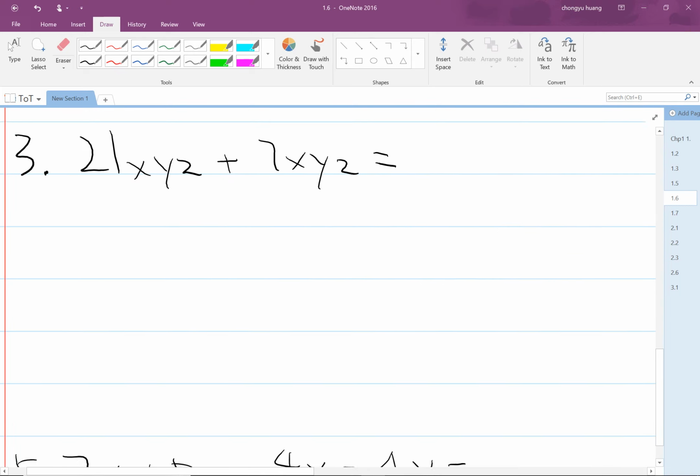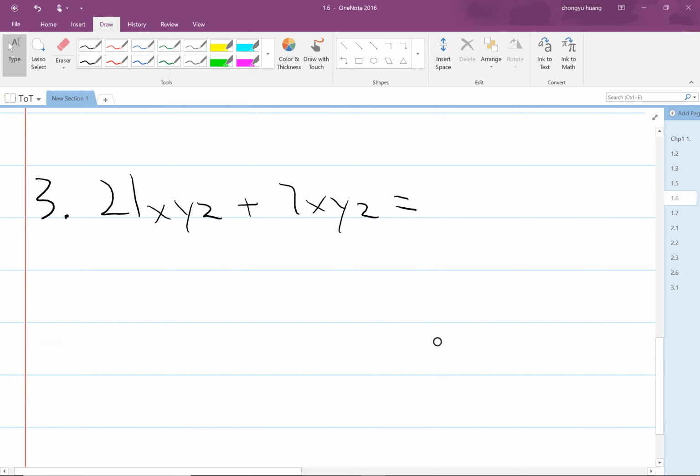Then we move into question 3. You want to check if they have the same term, if you want to add. Here you have xyz as a term, and here you see xyz is the term as well.